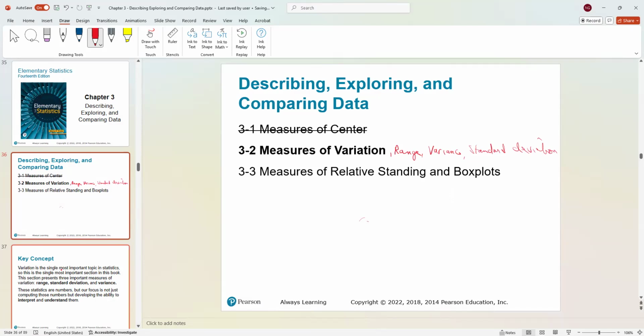So it's extremely important to emphasize the importance of standard deviation. Of course, we're going to use variance just to compute the standard deviation, but the variance is not really useful by itself, so we will focus on standard deviation.